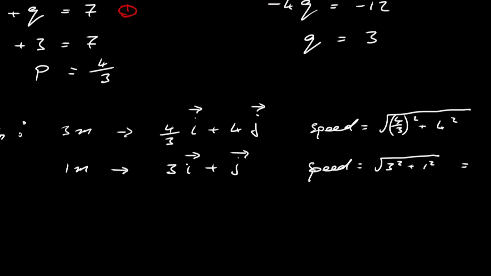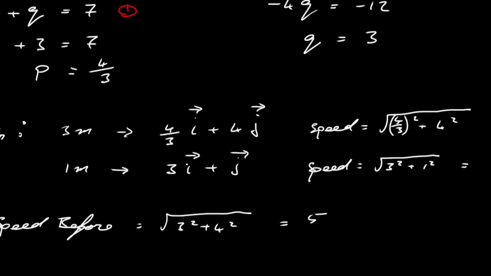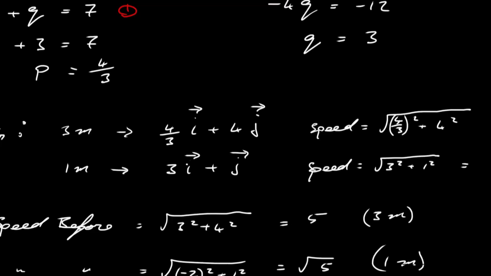Now the speeds beforehand are just the square root of 3 squared plus 4 squared. That's just 5, and that's for the 3m mass. The speed before is going to be equal to the square root of (minus 2) squared plus 1 squared. So that's just the square root of 5, and that's for the 1m mass.